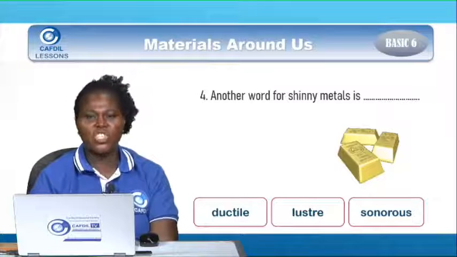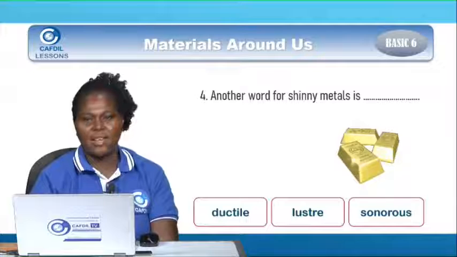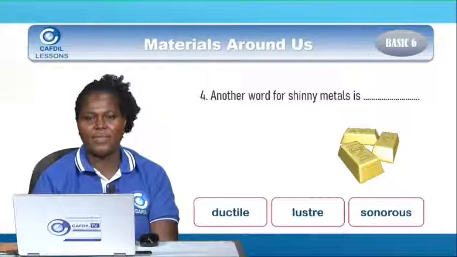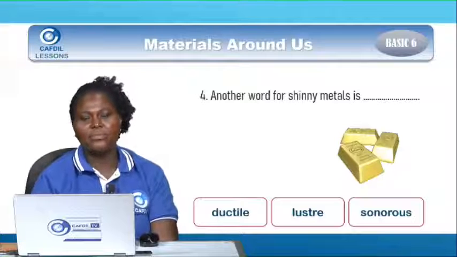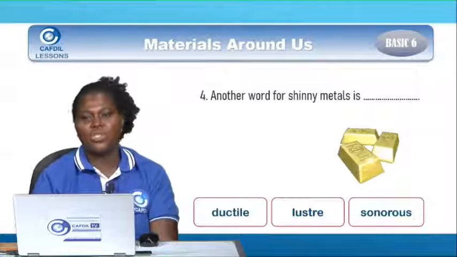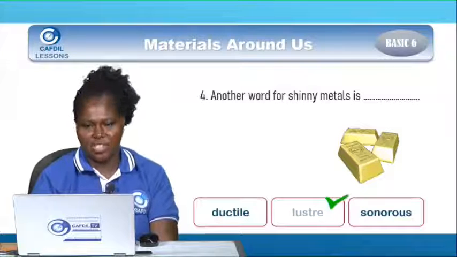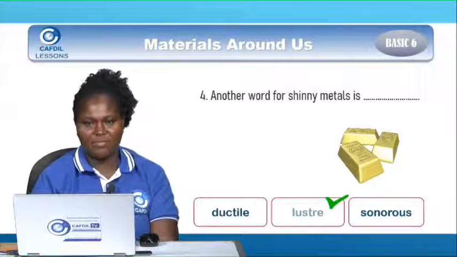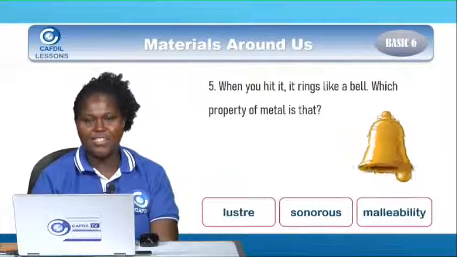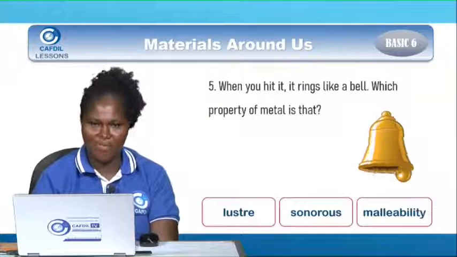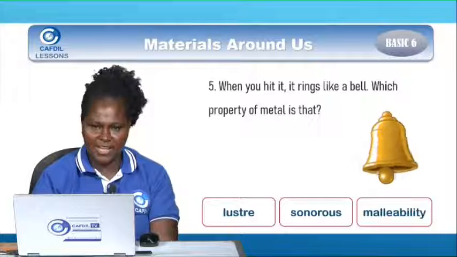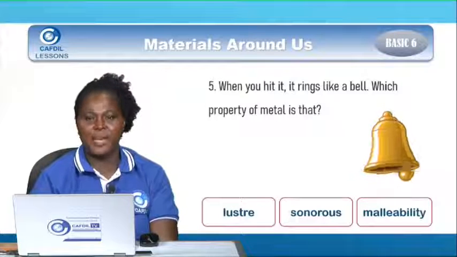Number 4. Another word for shiny metals is: ductile, lustre, sonorous. Lustre. Last question, number 5. When you hit it, it rings like a bell.